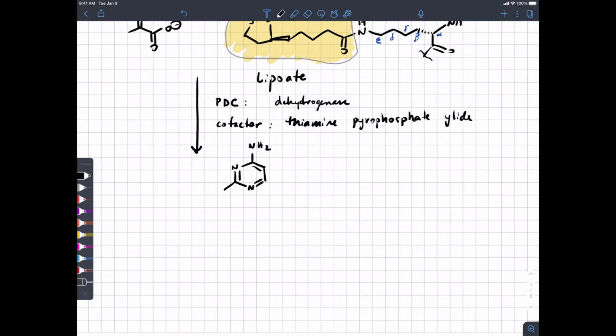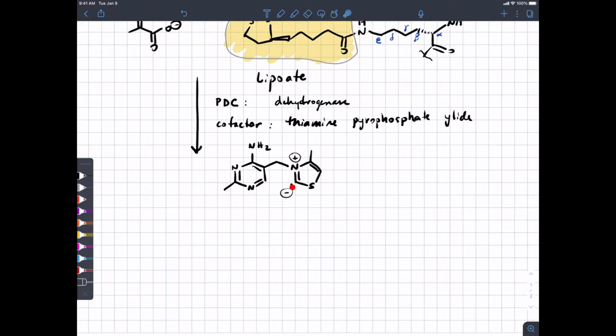All right, so over here we've got something that looks sort of like a pyrimidine, and that's linked to this strange 5-membered ring containing both a nitrogen and a sulfur. And it's called an ylide because you have a negatively charged carbon.